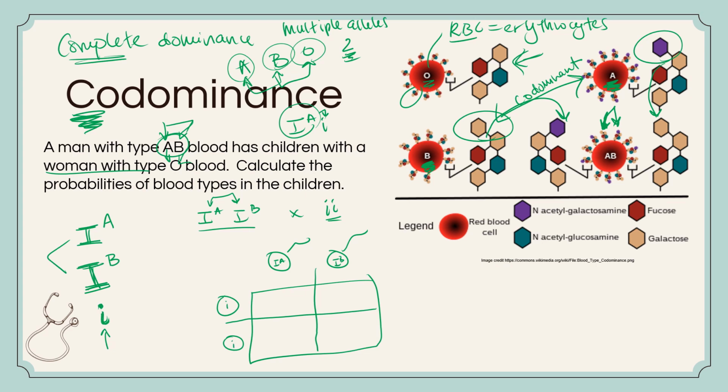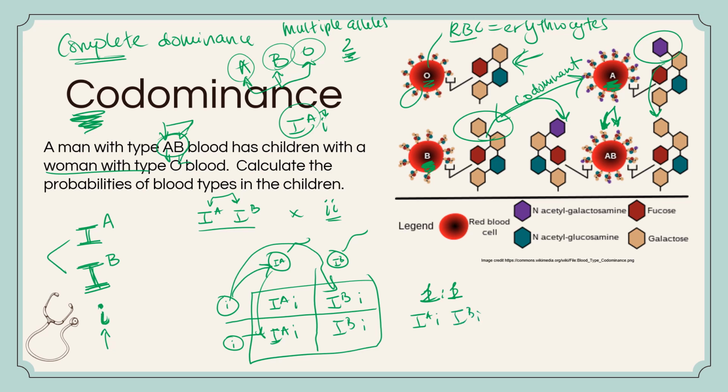So when this cross occurs, one potential fertilization could be I^A sperm with little i egg. We could again have that I^A little i combination, or there's the potential for an I^B little i, or another I^B little i combination. So when we get to our ratios, there is a 2-to-2, or better to reduce that down, 1-to-1 chance of genotype I^A little i to I^B little i.